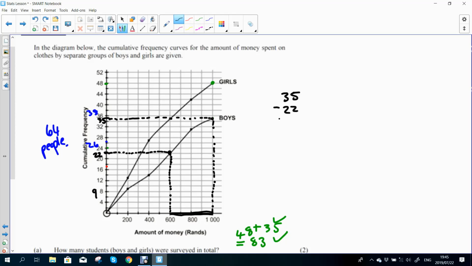So between them, that's the total of people that spent between 600 and 1,000. That gives me 13, which means it's 13 over 35 boys times 100% will give me 37.14% of the boys spent more than 600.